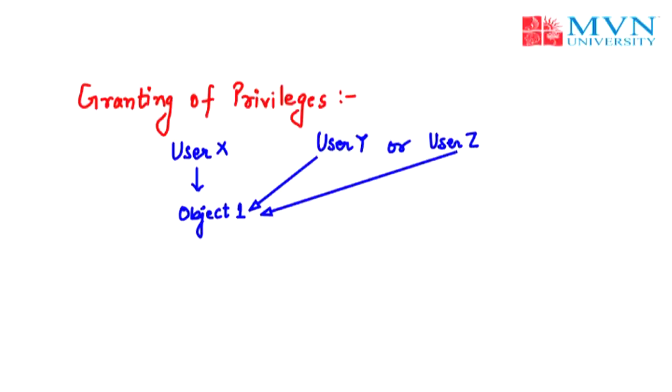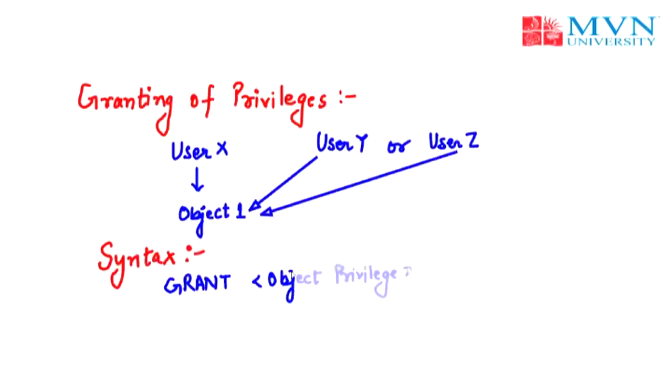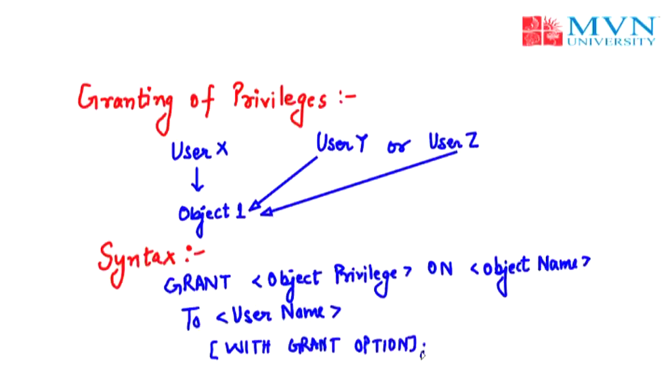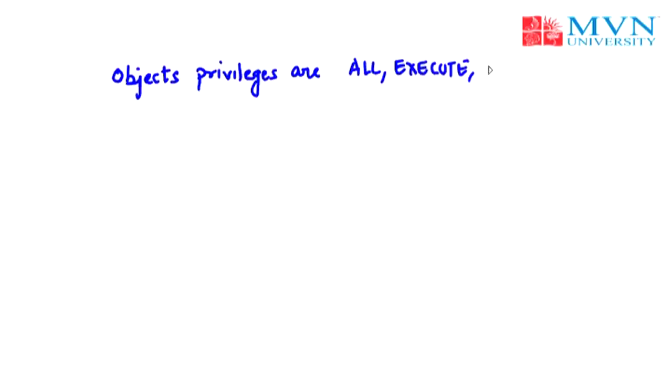Now, how can we write the grant command? The syntax for grant command is grant object privilege on object name to username with grant option. So what does the object privilege mean? It means the access right or the privileges granted to the user, and some of the access rights of object privileges are all, execute and select.